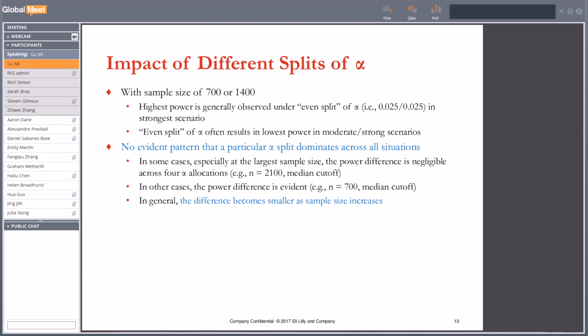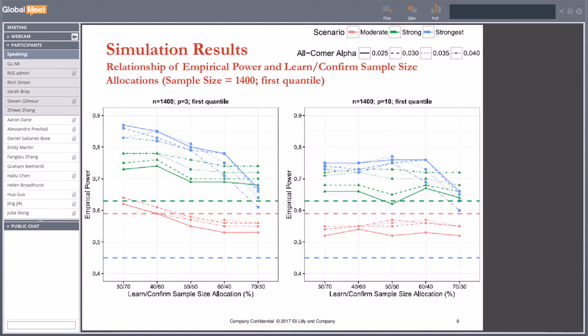Slide 13, where we will evaluate the impact of different splits of alpha. Let's go back to page 9. So under a small or moderate sample size, and when the biomarker effect is the strongest, as shown in blue, the highest power is generally observed under the even split of alpha, the solid line here, 0.025 for testing the all-comers.